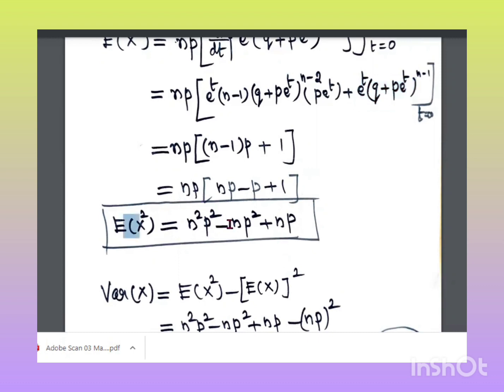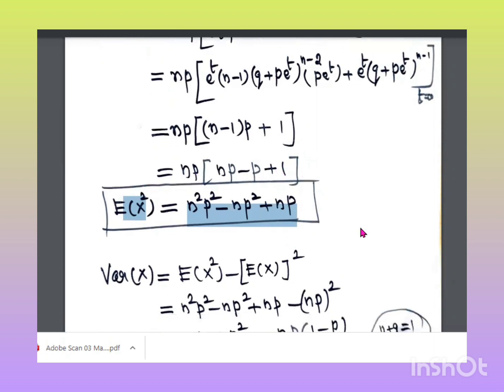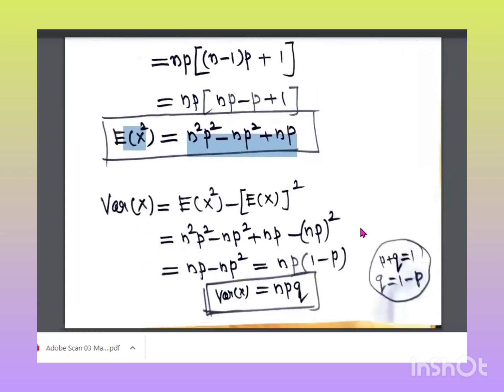So E of x square is equal to n square p square minus np square plus np. This is E of x square. As usual, we know very well, variance of x is equal to E of x square, expectation of x square, minus expectation of x whole square. You have to write first the expectation of x square: n square p square minus np square plus np, minus E of x whole square.